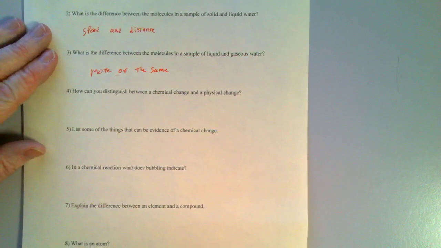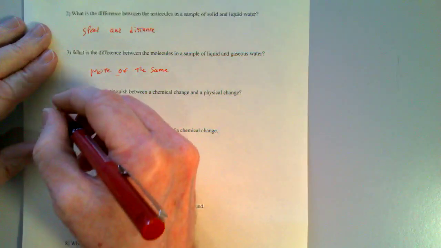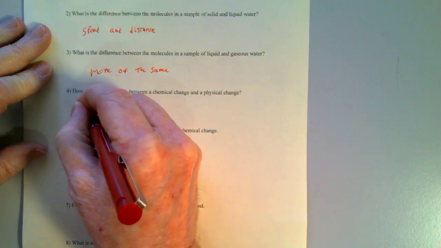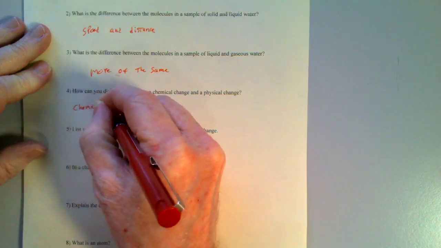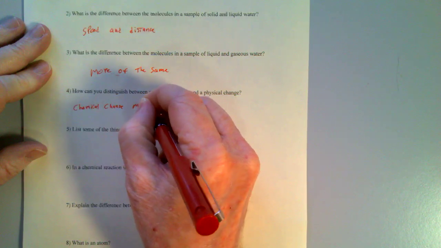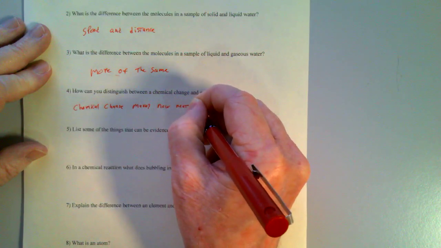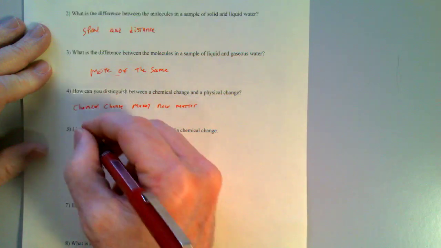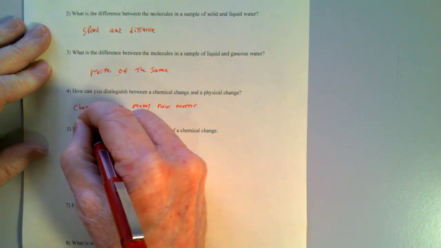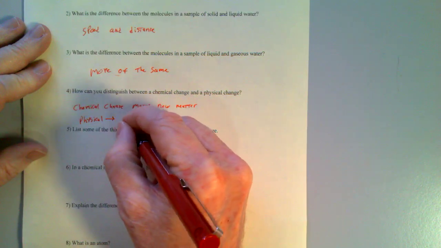Okay. How can you distinguish between a chemical change and a physical change? The chemical change makes new matter. You're getting new stuff forming. And in a physical change, what's happening is it's the same stuff.